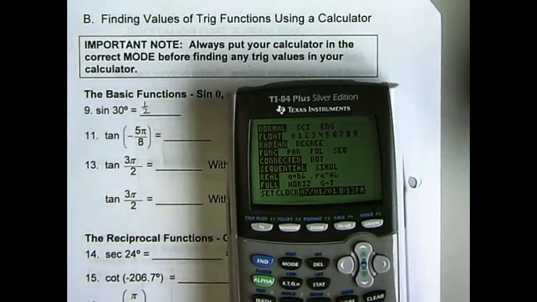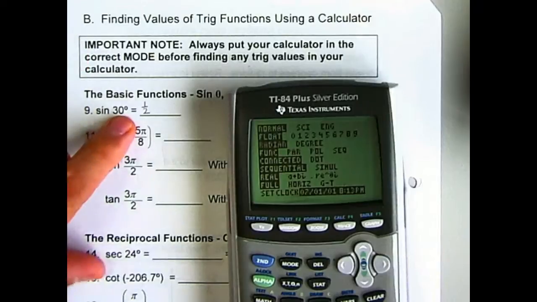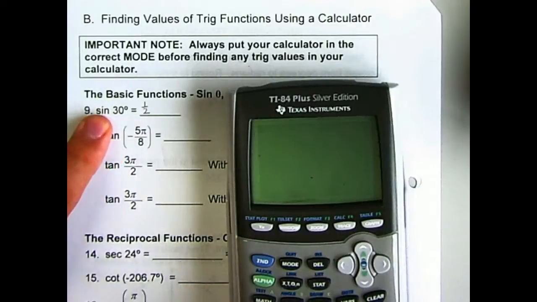You need to tell the calculator, is the angle that I'm giving you in degrees or in radians? And here it's obviously in degrees. So I'm going to push over to that, push enter, and now I'm going to go back to my home screen and I can just push sine of 30, and that's going to give me 0.5, or my half. Okay, so it worked out nice.